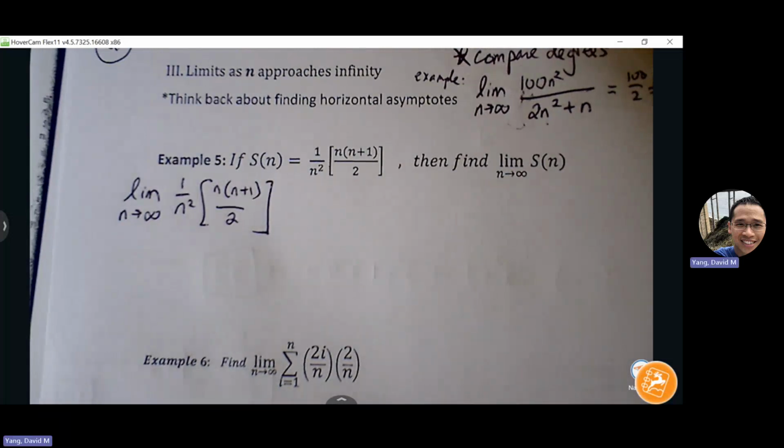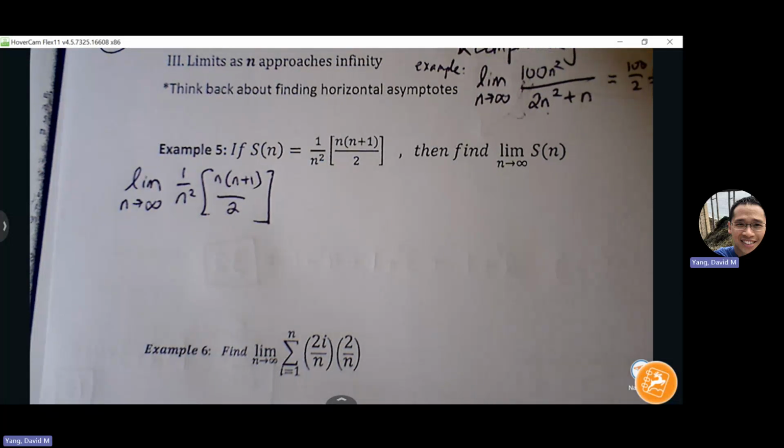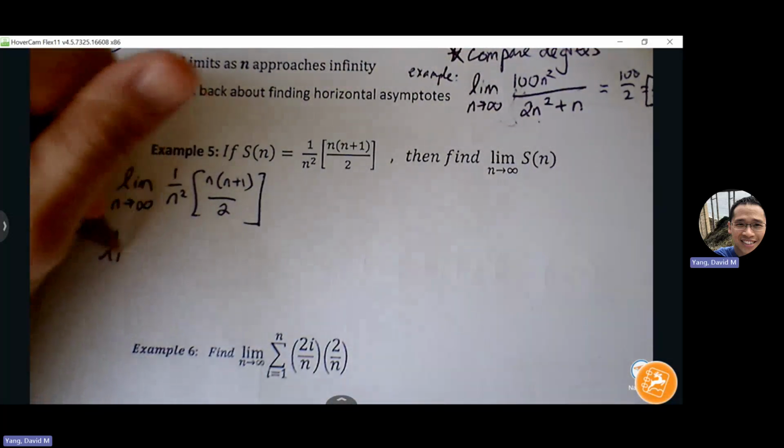It's hard to see what the degrees relationship is. So let's just get it all under one fraction and get everything cleaned up. Get the brackets and the parentheses to go away.